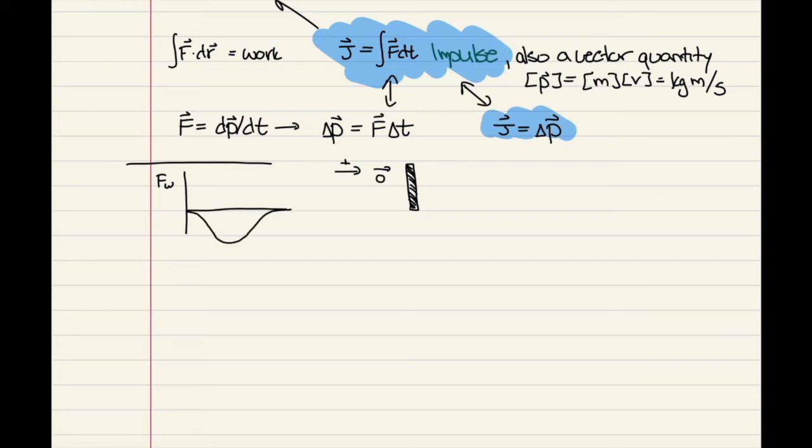Maybe this is the amount of force as a function of time exerted from the wall on the ball. It comes down to some large negative value, and then as the ball loses contact with the wall, it shrinks back down to 0. So that might be the force as a function of time on the ball itself.